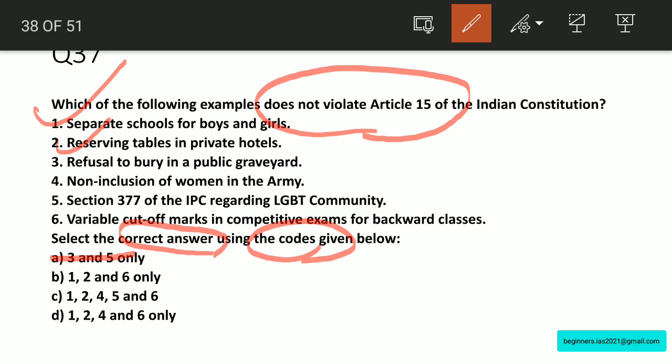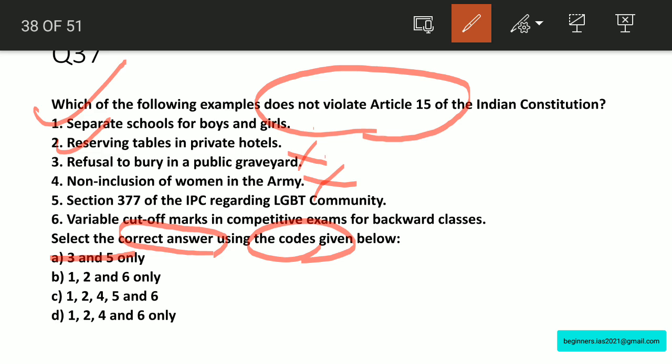And what about 3? Does the refusal to bury violate Article 15? Yes, obviously it violates Article 15. Therefore, that is wrong. What about rejecting women in the army, does it violate the Article? Yes, this also violates Article 15, and therefore that is wrong.